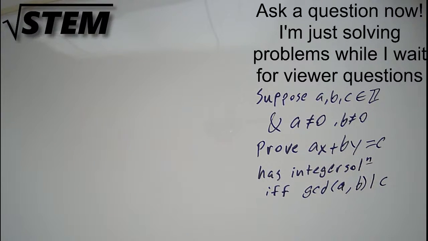So we're looking at this linear combination, AX plus BY equals C, and we want to see that the greatest common divisor of A and B actually divides C, and that will make it true that X and Y are integers.